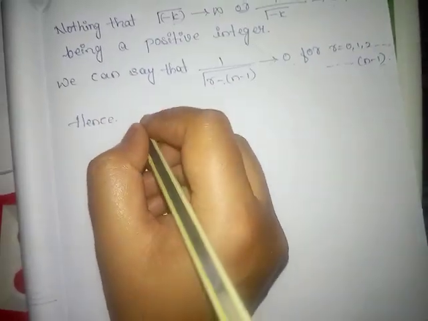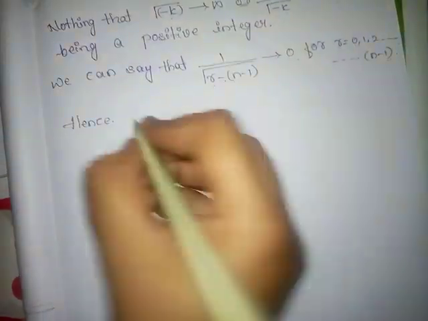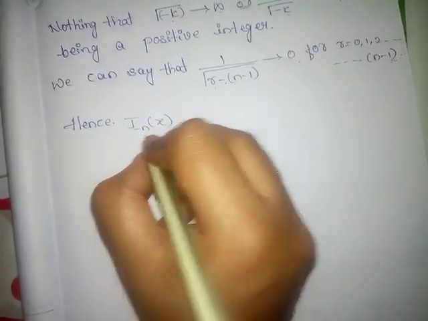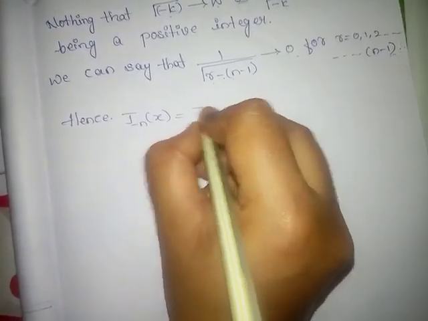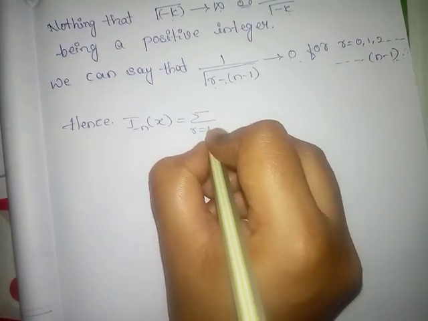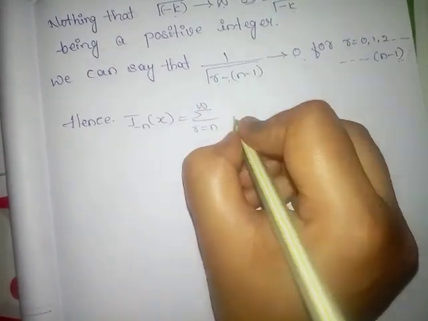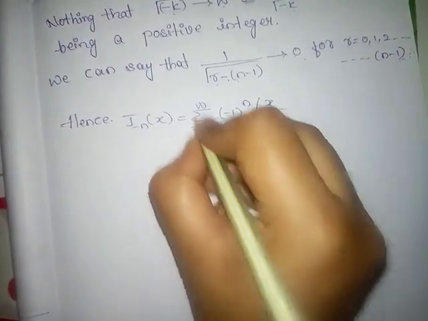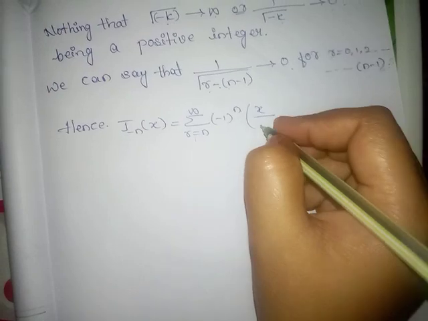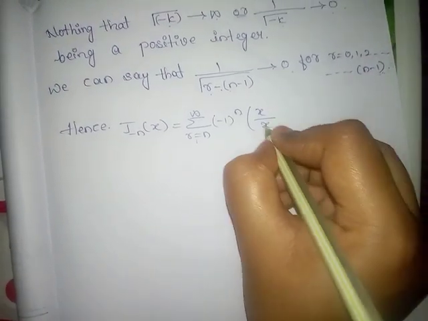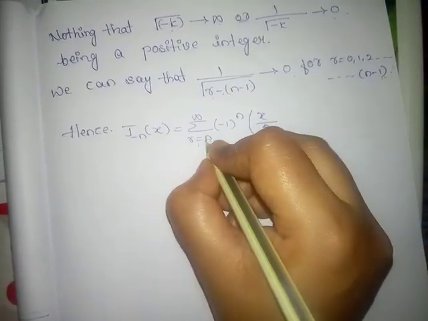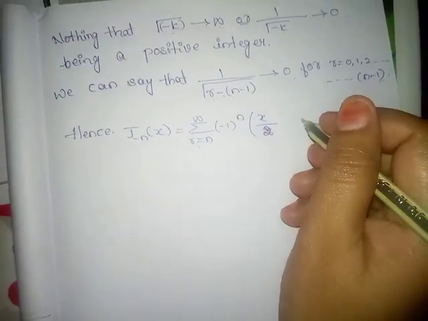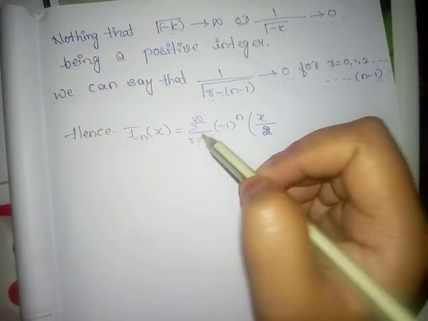Bessel function. Therefore, j minus n of x is equal to summation r running from n to infinity, minus 1 raised to r. Here only the value of r changes, so for values less than n, this expression is 0, and 0 into something is also 0.